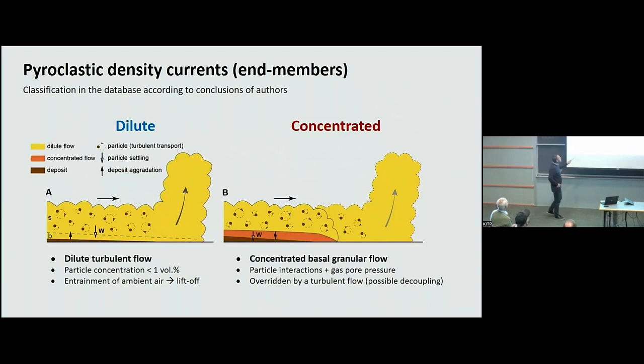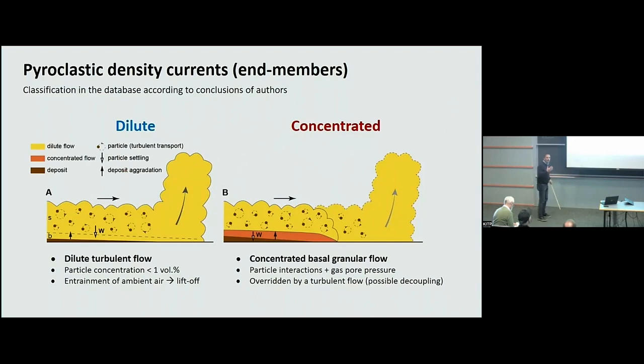On the other hand, one may consider a concentrated basal granular flow represented here, whose dynamics is dominated by particle interactions and possibly gas pore pressure, and this dense flow is overridden by a turbulent flow. This forms a two-layer current. So in this talk, when I say concentrated flow, I mean the concentrated basal part of a two-layer flow.